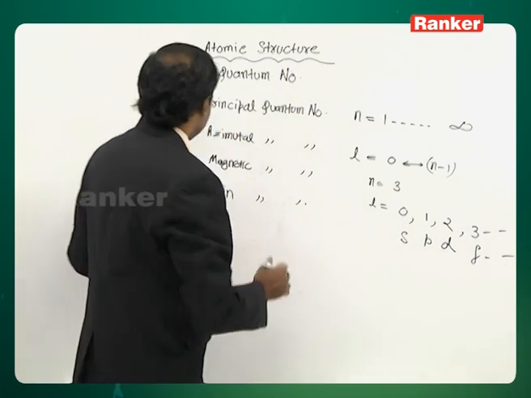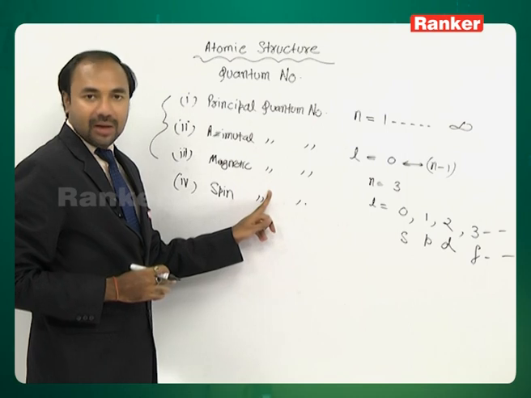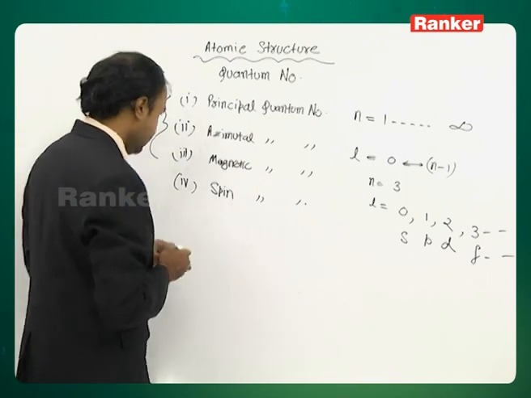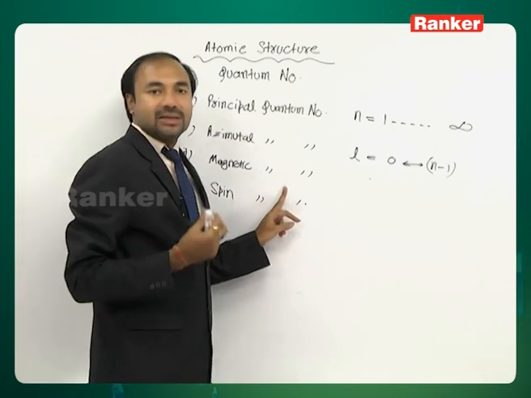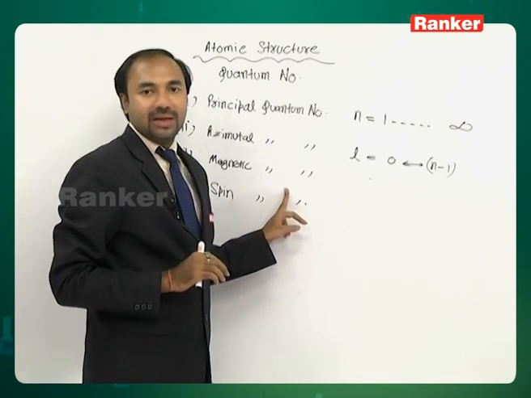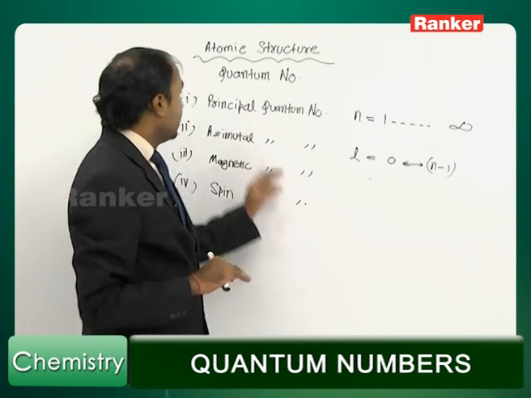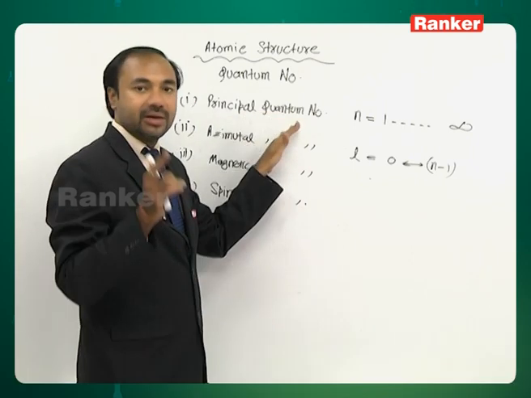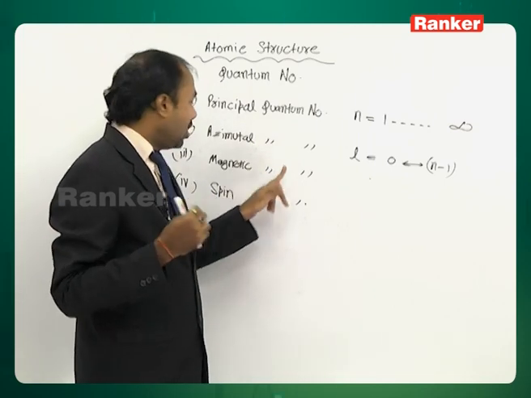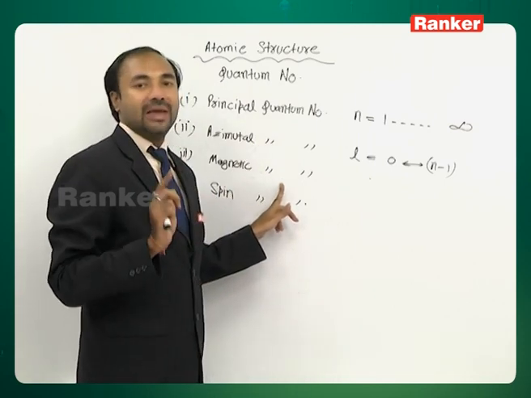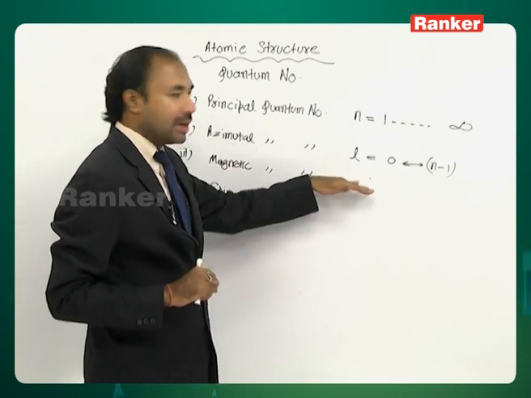Now, come to the third quantum number, that is the magnetic quantum number, again an important one. What does the magnetic quantum number tell us? It tells us about the number of orbitals in a particular subshell. Understand? First we have a shell divided into subshells, and a subshell again divided into orbitals. In the orbital we have got electrons, right? So we are coming to the orbital now.